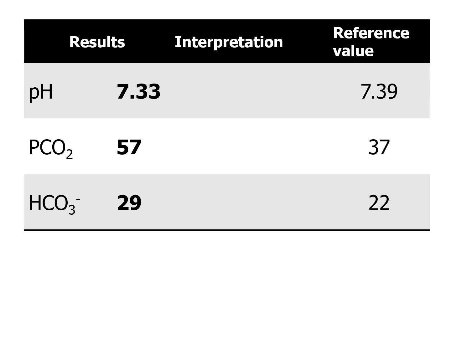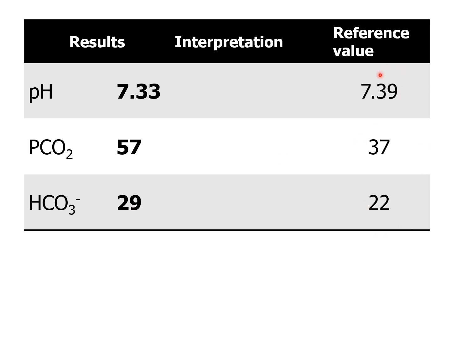We also have here another example of arterial blood gas results from a dog sick for a week with coughing and dyspnea. Our value for the pH is 7.33, our PCO2 is 57, and our bicarbonate is 29, and these are the reference values.